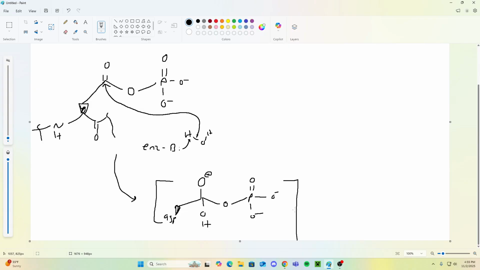And because this is an intermediate, these electrons really just want to come right back down. But because of that, we need to have a leaving group. And because that OH is very, very stable compared to the phosphorus group, the phosphorus group here is actually going to get kicked out.